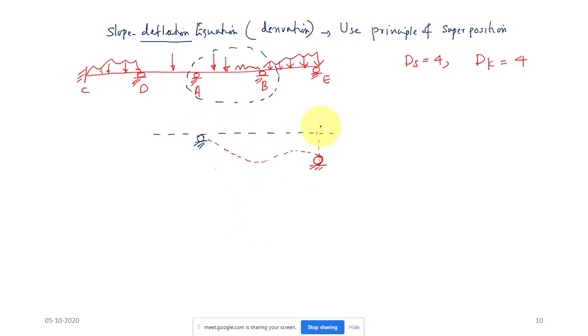This point was A, and this was the initial position. We had the support B, and due to some loading your beam has deformed like this. So what deformation happened at point B? This support has some downward movement, which means your support has settled. There is some settlement at support B. The point B has moved from here to here. The settlement is delta.